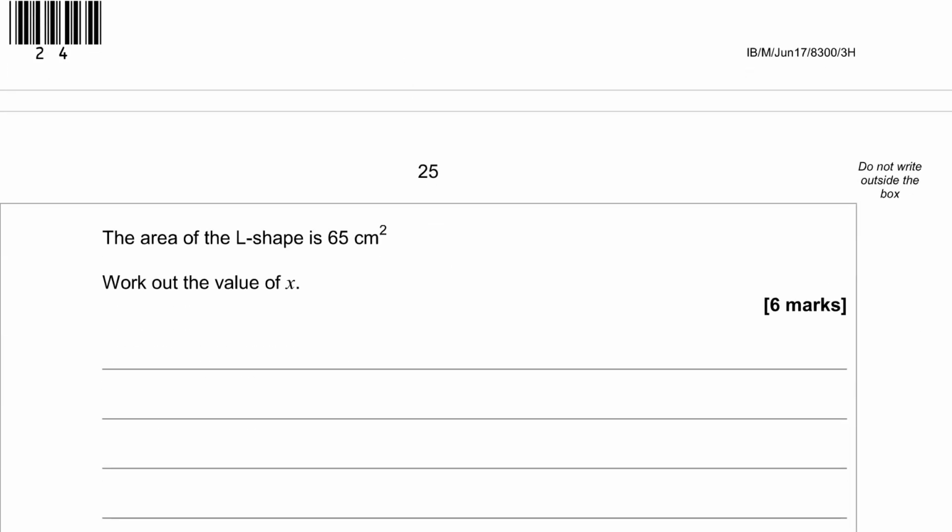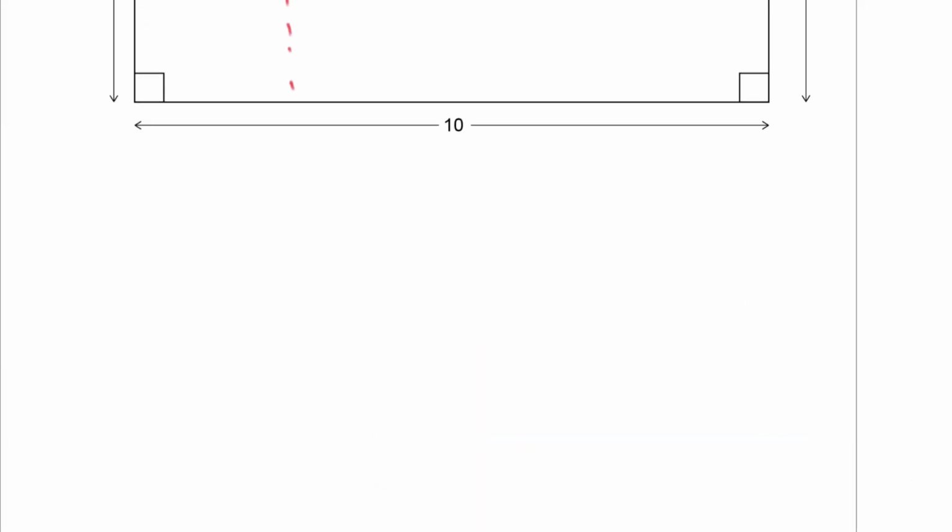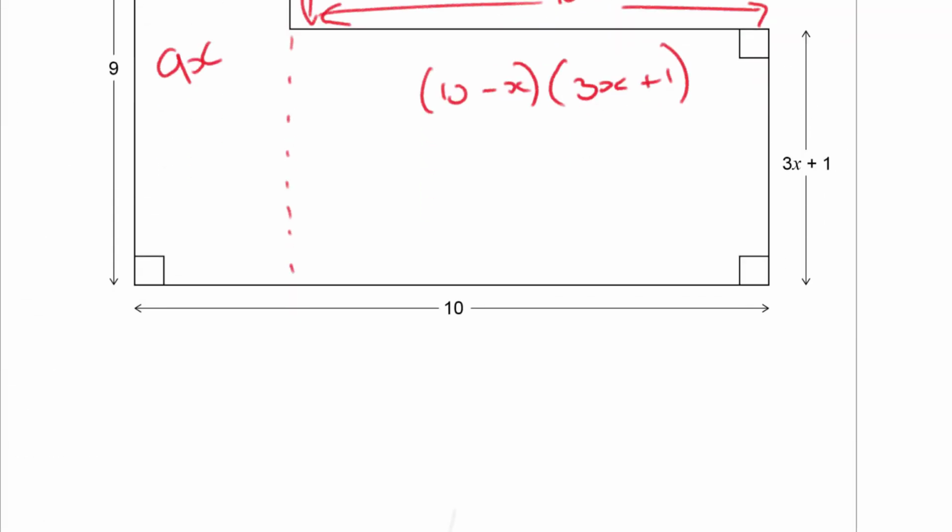So the combined area is going to be those two things added together. So area of my L is equal to my 9x plus the brackets, 10 minus x and 3x plus 1.